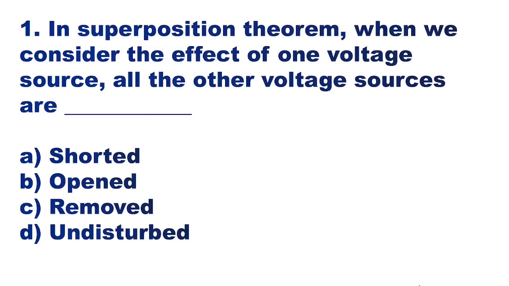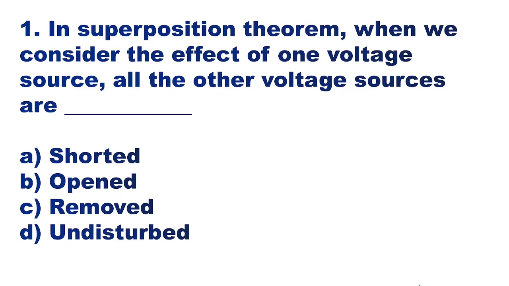Question number 1. In superposition theorem, when we consider the effect of one voltage source, all the other voltage sources are dash. So options are shorted, opened, removed, undisturbed.